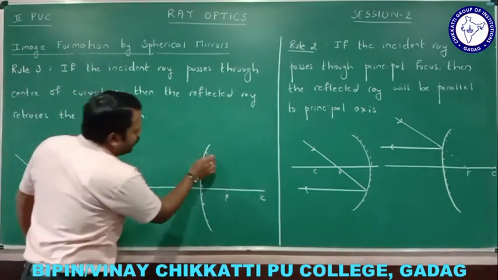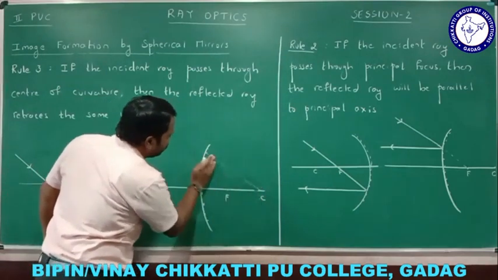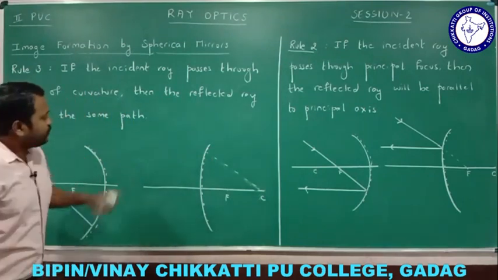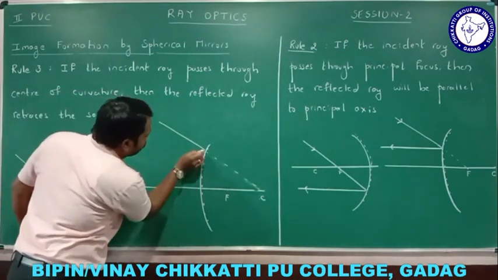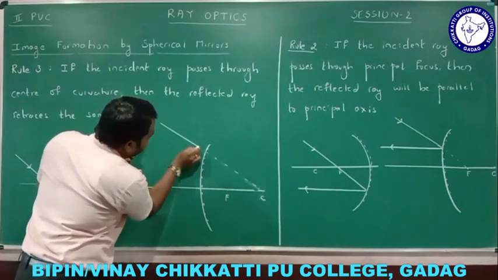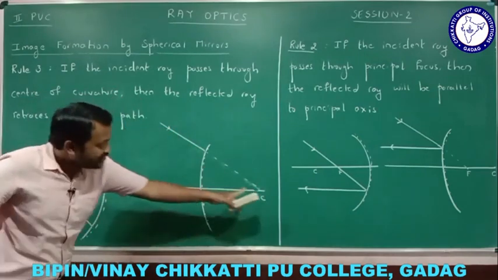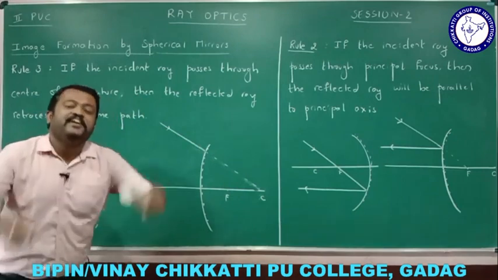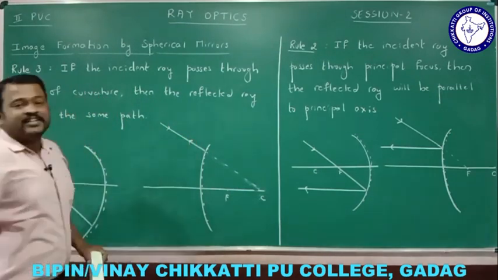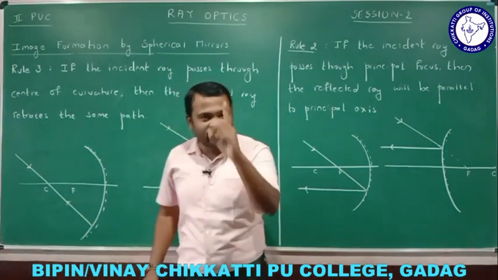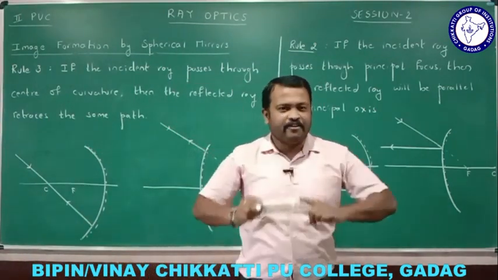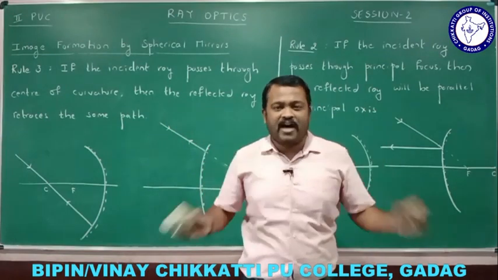This is the incident ray which passes through the center of curvature. Where will the reflected ray be? It retraces the same path. This is rule number 3. If the incident ray passes through the center of curvature, then the reflected ray retraces the same path.